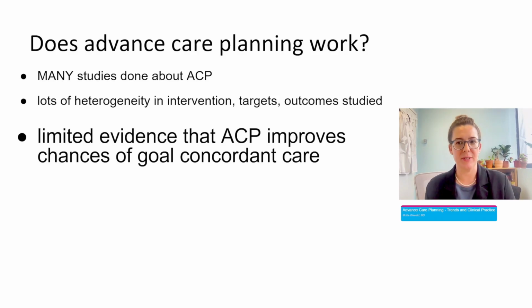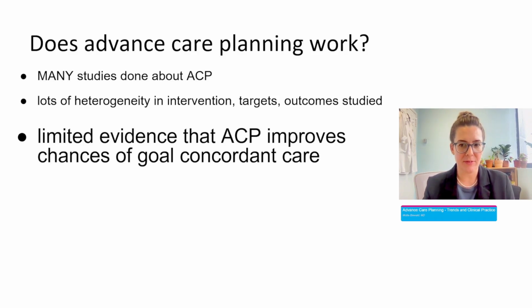Some are written, some are facilitated discussion, some are multimodal. They've involved a number of different actors, patients, clinicians, surrogates, a combination of any of the above, different disease groups, including cancer and non-cancer patients, different settings, often in the outpatient, but can also be in the community, inpatient, or nursing home. So to emphasize, interventions can target patients, surrogates, communities, clinicians, or all of the above.